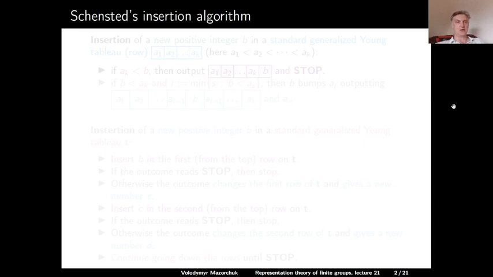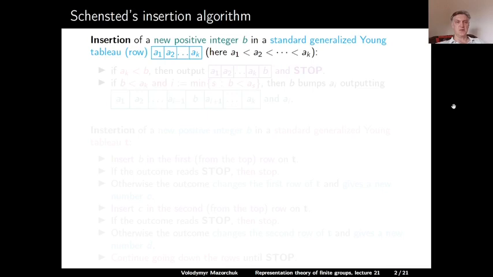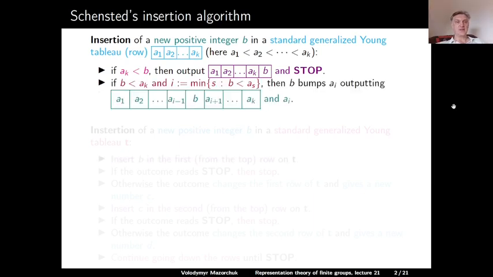So we defined the so-called insertion algorithm, where we can insert a new positive integer b in a standard generalized Young tableau of the row shape, where we have the elements a1, a2, and so on ak written in the natural order. So this goes as follows. If b is greater than ak, then we just append b at the end of the row and issue the global stop sign.